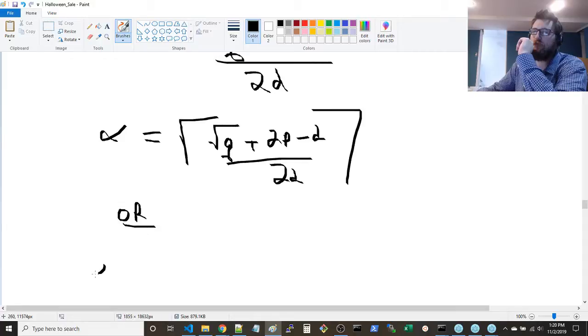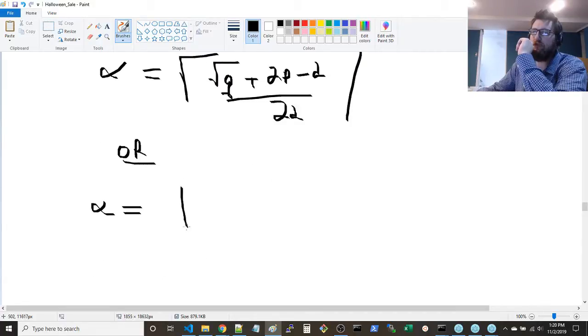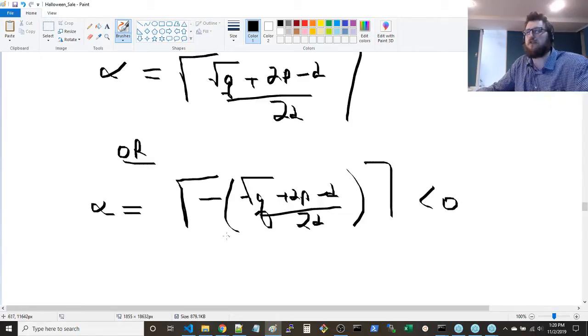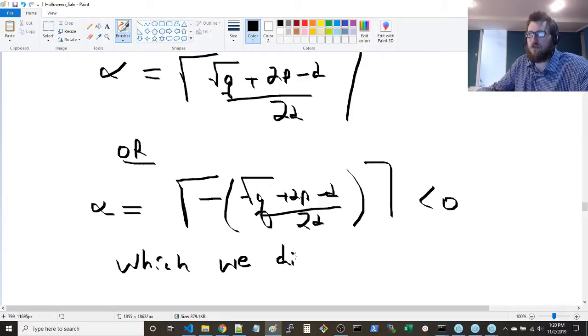Or alpha is the roof of, I think it's just the negation of this, which is less than 0, which we exclude. Is this a word, disclude?